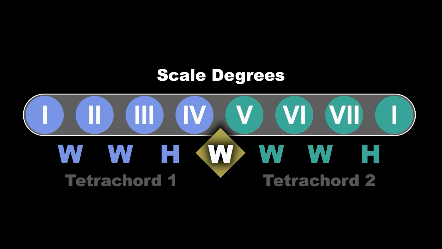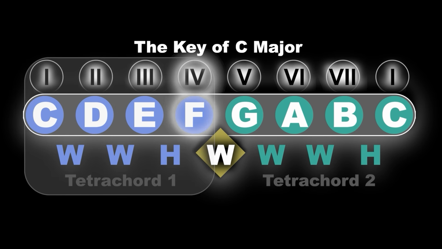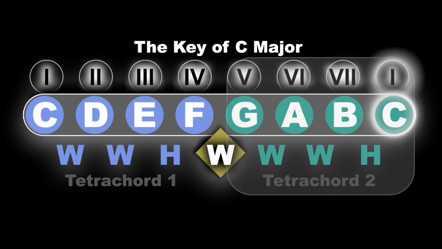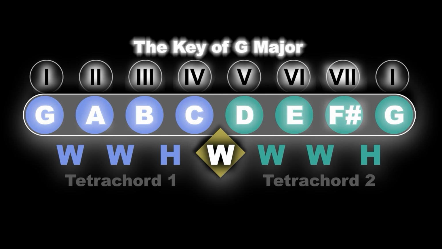Next, we'll look at scale degrees. Roman numerals are used to indicate scale degrees, and they correspond with the alphabetical note names. When you play a major scale in another key, the alphabet letters will change, but the interval sequence and the Roman numeral scale degrees will stay the same.